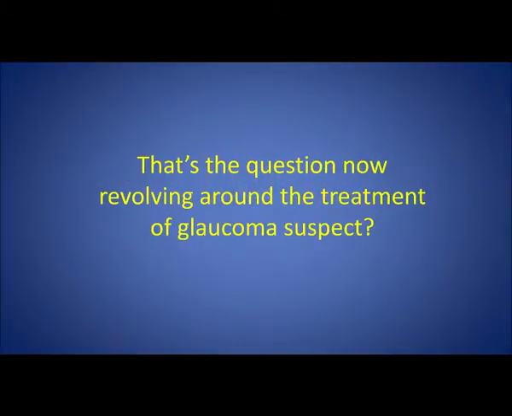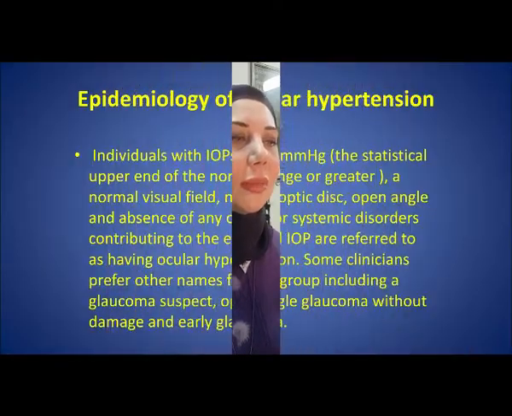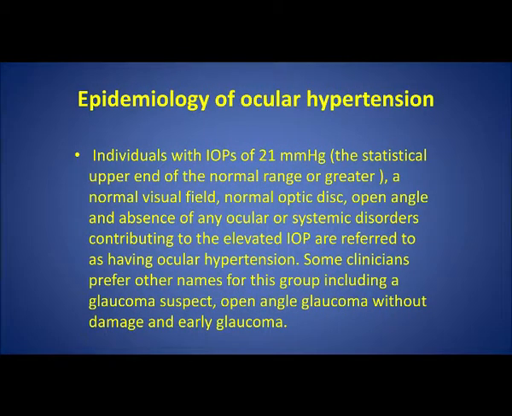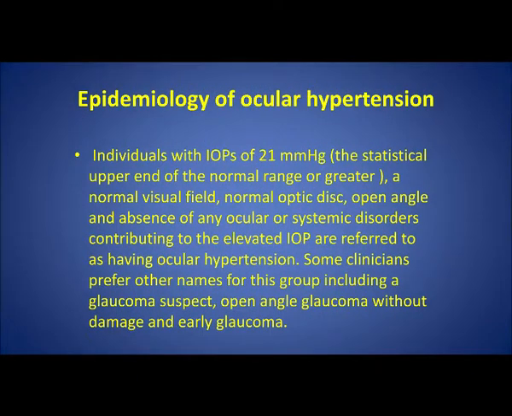That's the question now, revolving around the treatment of glaucoma suspect. Let us take a look at the epidemiology of ocular hypertension. It's individuals with IOPs of 21 mmHg or greater with normal visual field, normal optic disc, and open angle, and absence of any ocular or systemic disorders contributing to the elevated IOP.